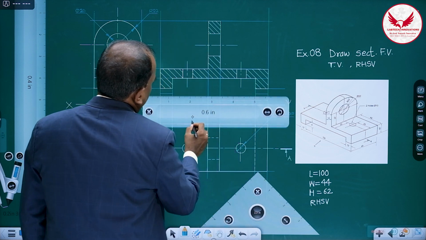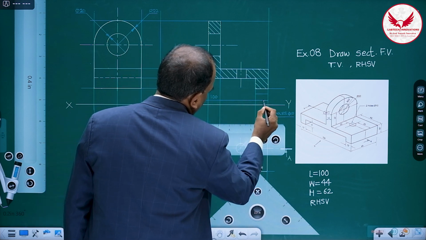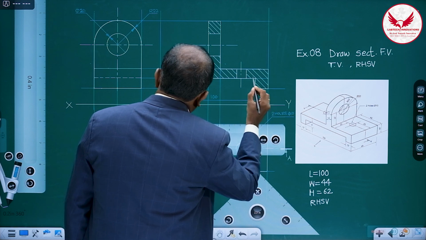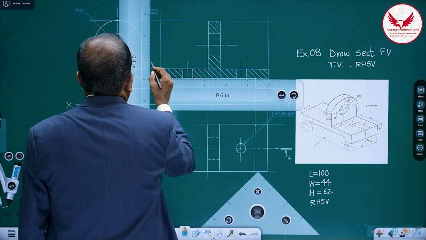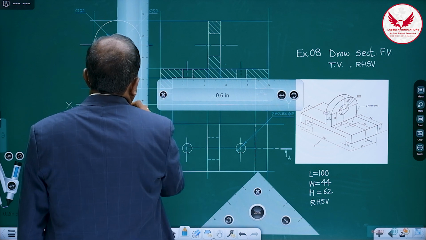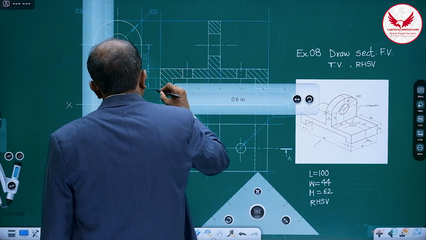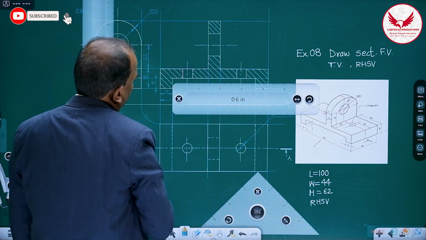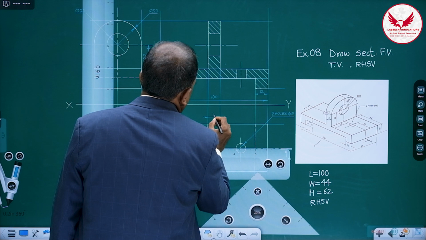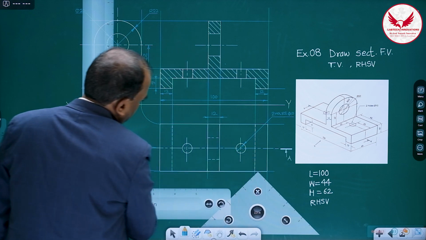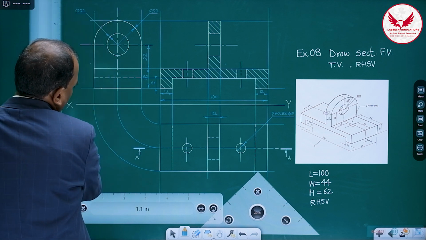It is 12. Then it's 9. This is also 12. Holes 12, 19, 12, 12. Height, I think all the dimensions are over.